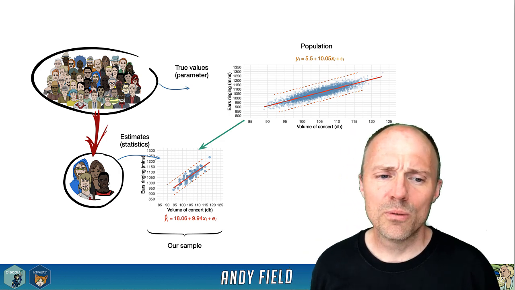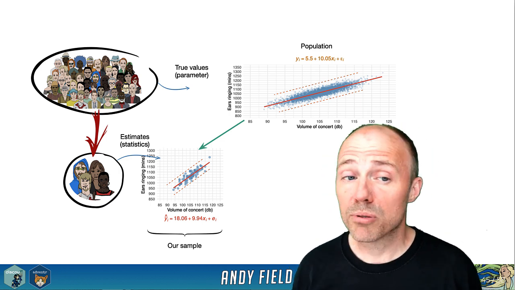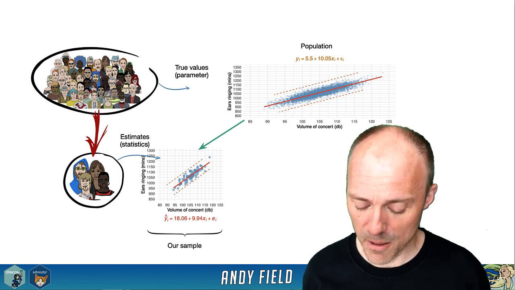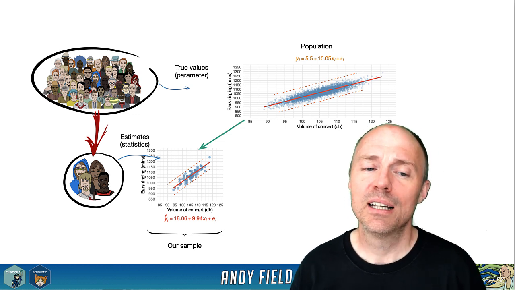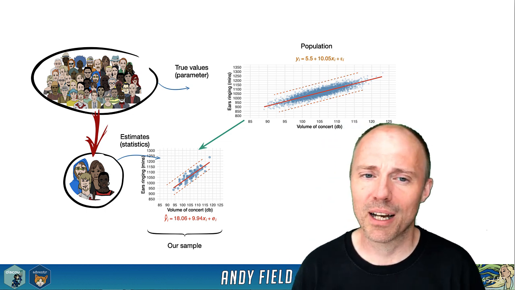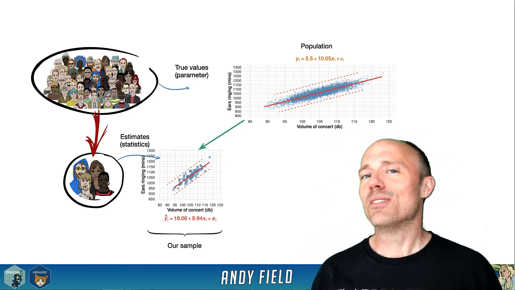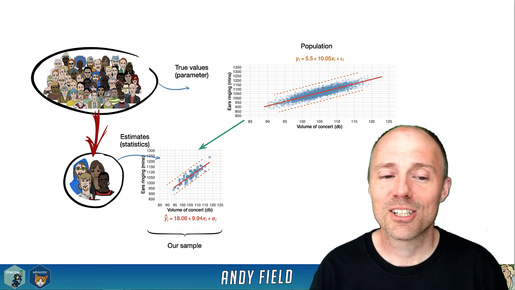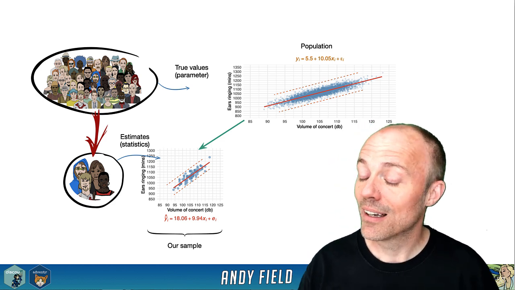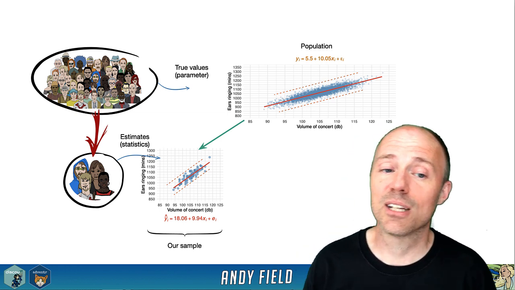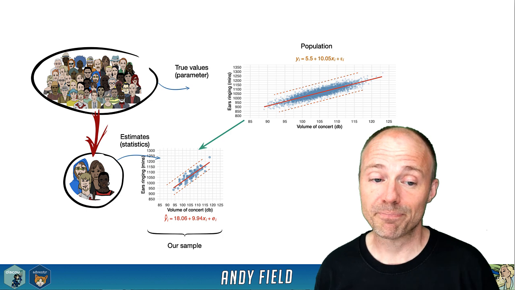And the model, hopefully, will be pretty similar, but it's not going to be exactly the same. So the parameters, the B's that we get in our sample, are not necessarily going to be exactly the same as the B's in the population. Of course, we don't know how similar or different they are because we don't have access to the ones in the population, but we always have to try to have some kind of estimate of our uncertainty in those values. That's very important.